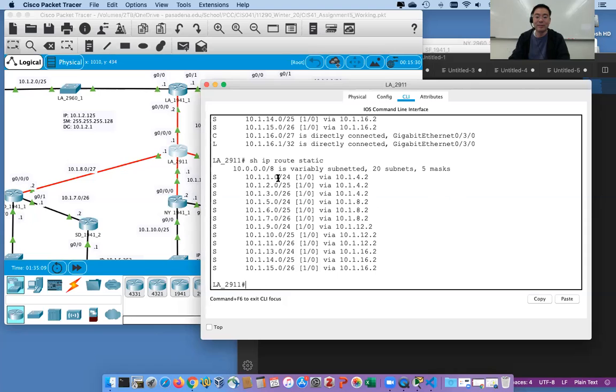Here it is. 1, 2, 3, it's via 10.1.4.2. 5, 6, and 7 here are via 10.1.8.2. 9, 10, and 11 is via 10.1.12.2. 10.1.13, 14, and 15 are via 10.1.16.2. Okay, see how that's working there?